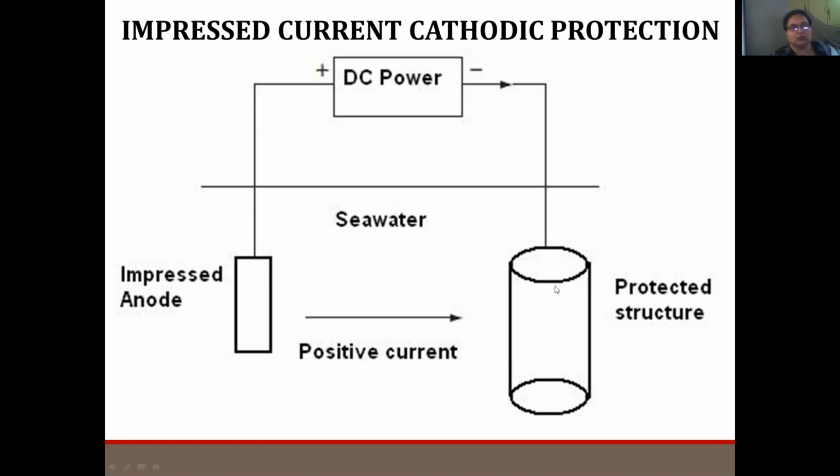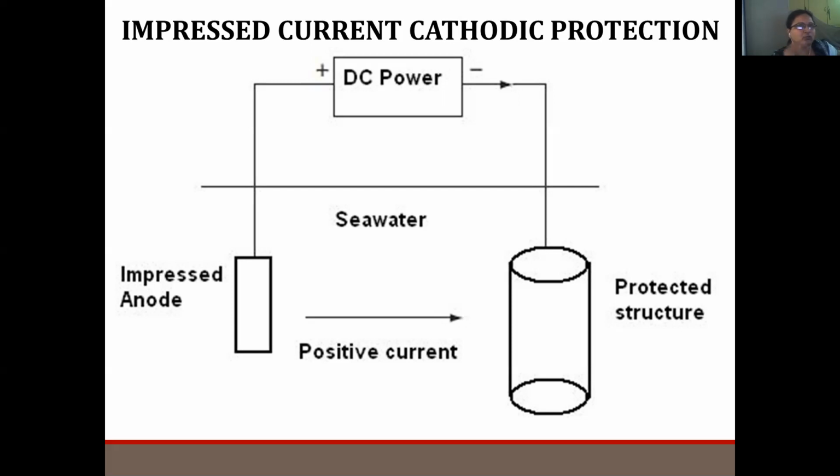You make it forcibly behave like a cathode, and since the anode is inert in nature, the metal will be protected. So in impressed current cathodic protection, you are applying direct current power so that the metal forcibly behaves like a cathode. That is why this process is called impressed current cathodic protection: you are applying some current.